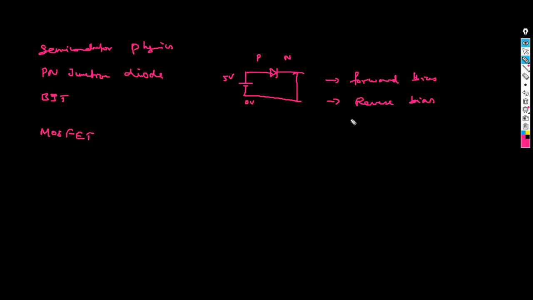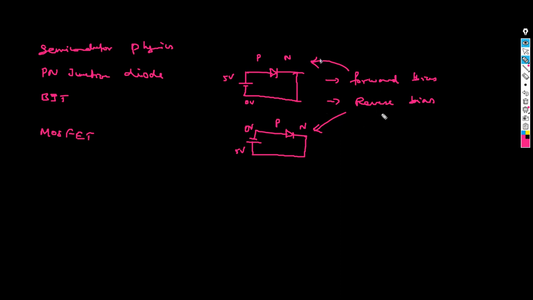When I say reverse bias, it is basically the same thing, just that the N side gets the higher supply voltage. Say this is 0 volt and this is 5 volt. When you do it this way, we call it a reverse bias diode, and the other is a forward bias diode. In a forward bias diode, it's conducting and you will see an output here.